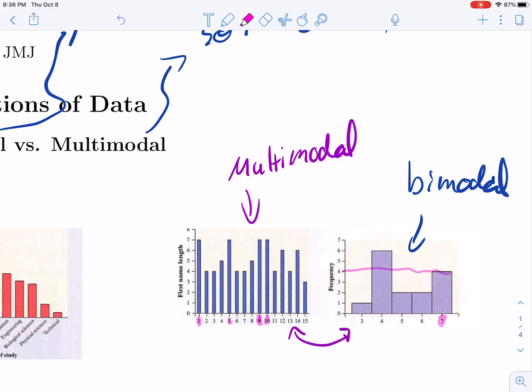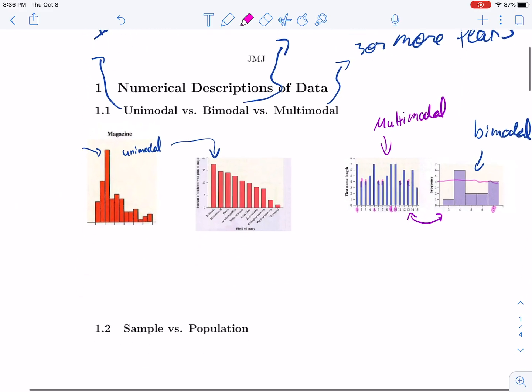Length 4 happens 6 times. Where can we see that? 1, 2, 3, 4, 5, 6. So by transforming this chart, by making it look something different, we took a multimodal thing and made it bimodal. It really depends on how you're displaying your data and what you're talking about with your data. But that's unimodal, bimodal, multimodal. We think of modal as the number of peaks.